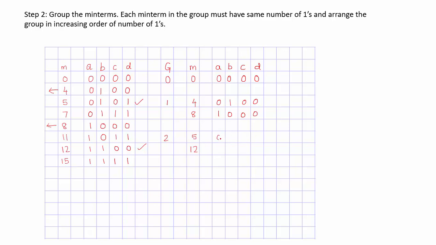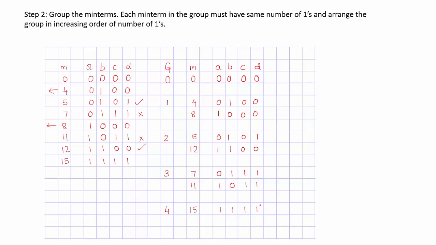So 5 is 0, 1, 0, 1. 12 is 1, 1, 0, 0. Group 3 will have 7, 11. 7 is 0 followed by 3 ones, and 11 is 1, 0, 1, 1. Group 4 will have 15, that is 4 ones.